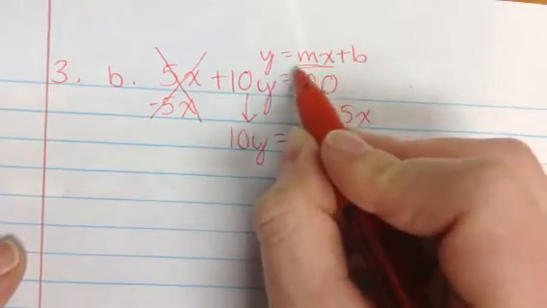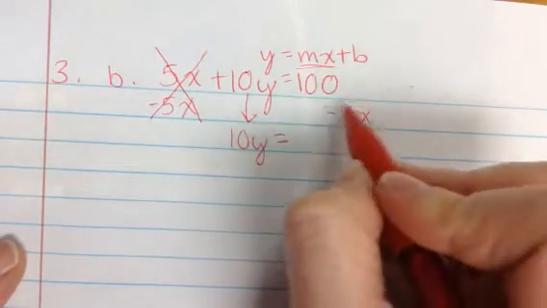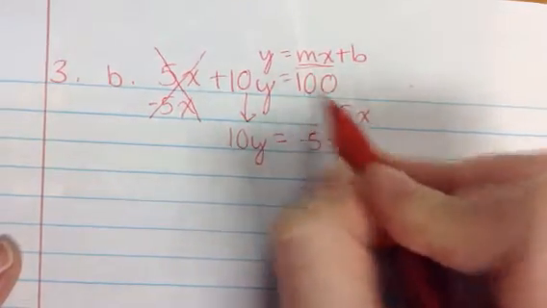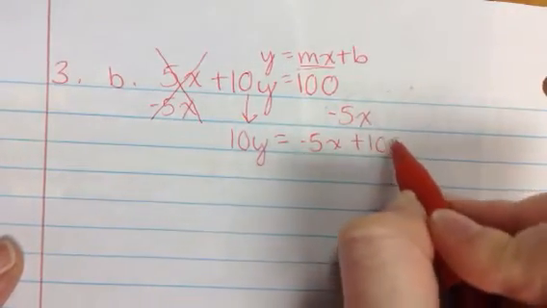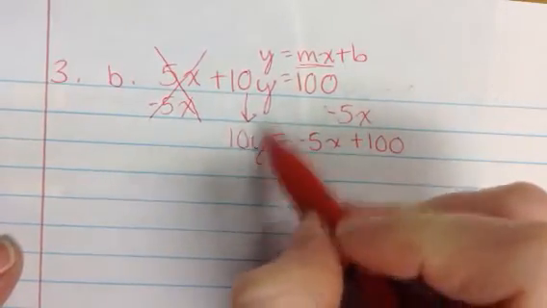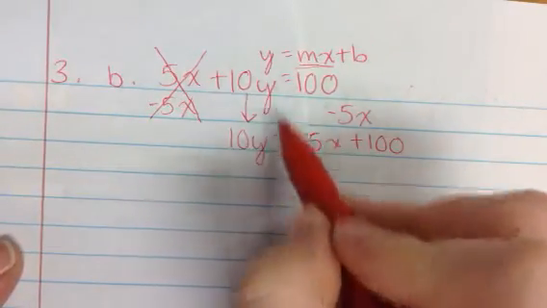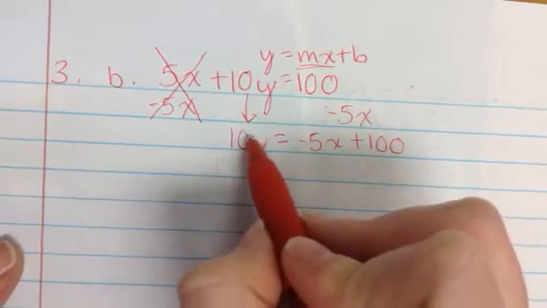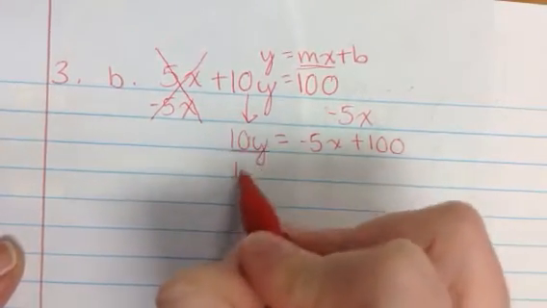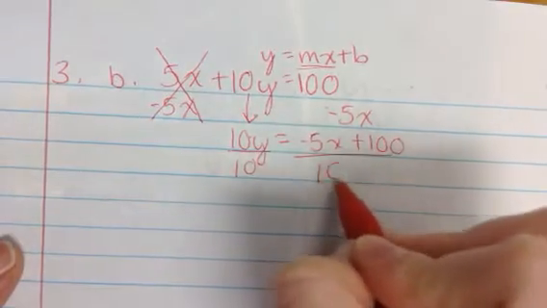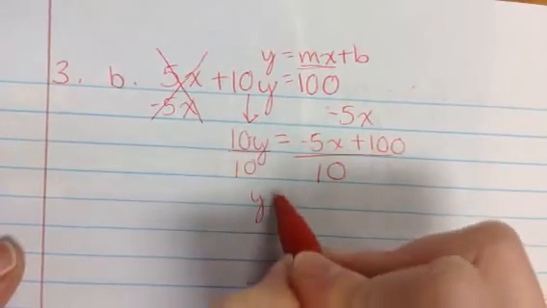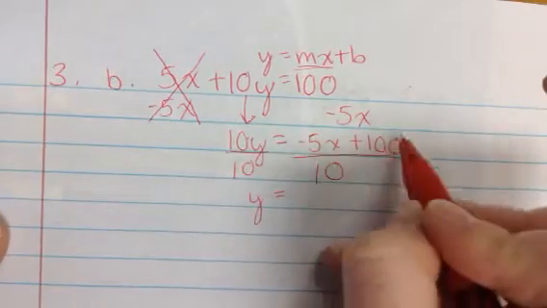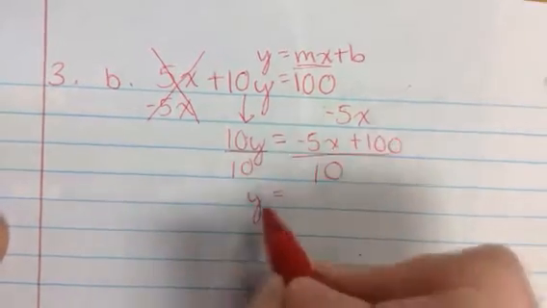Over here I want the x term to happen first, so I'm going to put this one, and then I'm going to push that positive 100 to the back, so at least the y is in the correct spot, equals, and the x is okay, but I don't want this coefficient, so since they are multiplying, I divide by 10. So I'm going to put this term over 10 and this term over 10.